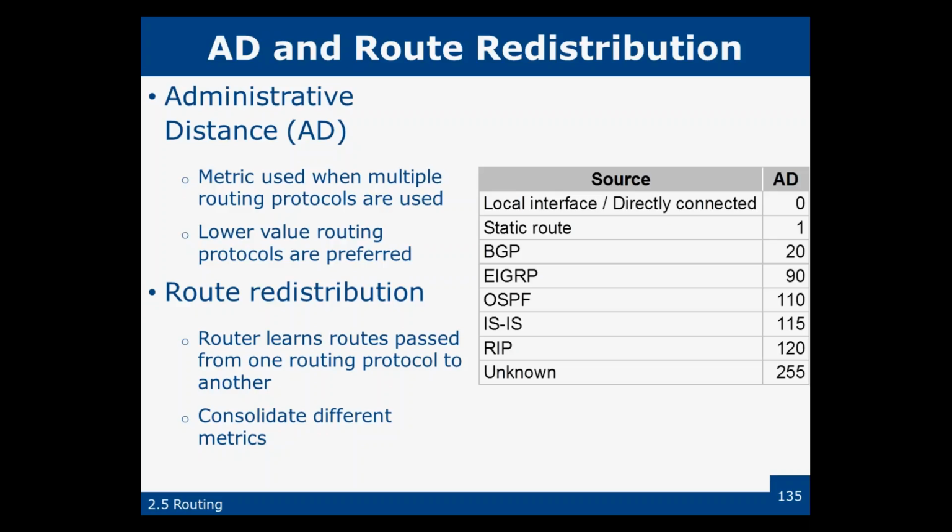BGP 20, EIGRP 90, OSPF, IS-IS, and RIP. RIP is the least trusted of all the routes. And this is if you have multiple routing protocols on a single router, and you can have more than one protocol running on a router. Whichever protocol has the lowest administrative distance will be the route that will be used on that system.